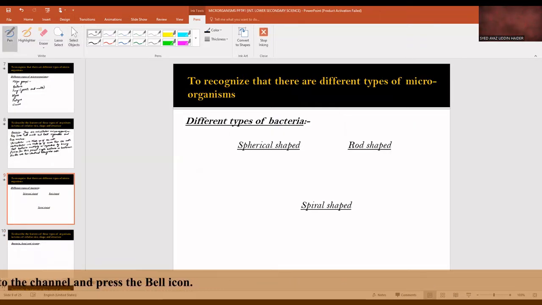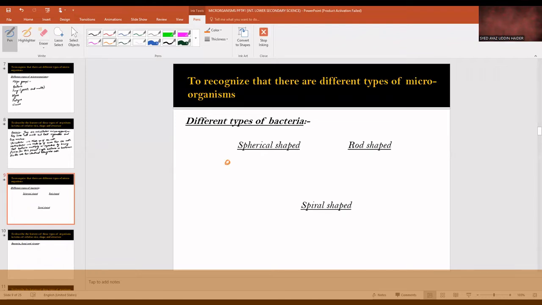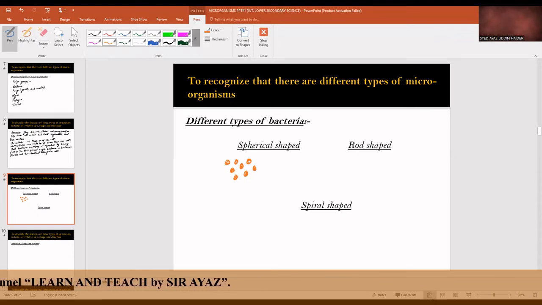Now I will show you different shapes of bacteria through diagrams. So some examples: spherical shaped bacteria. Spherical shaped bacteria are like this. They are spherical in shape, like this. Then you have rod shaped bacteria.